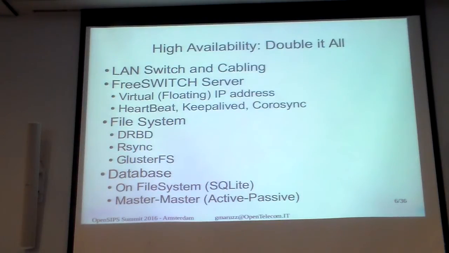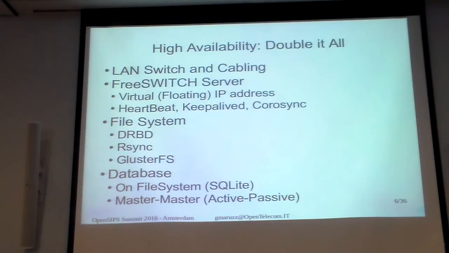One will be the one that is used by clients, and the other one will be just a standby. And your mission is to keep those two machines completely in sync for their state and their configuration, and to be ready to be switched over from one to the other.